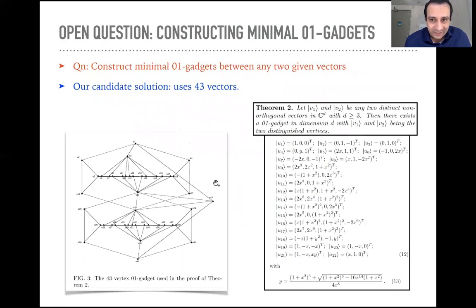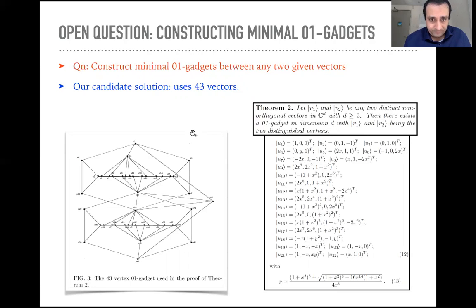For example, one candidate solution for any two distinct non-orthogonal vectors is given here, which is a 0, 1 gadget between these two vectors, u1 and u42, and they are parameterized in some particular way, depending upon the overlap between these two vectors.